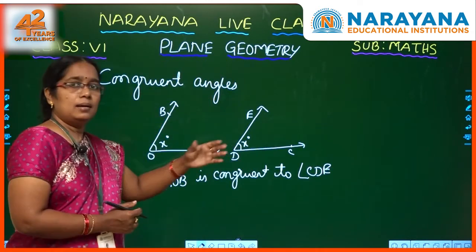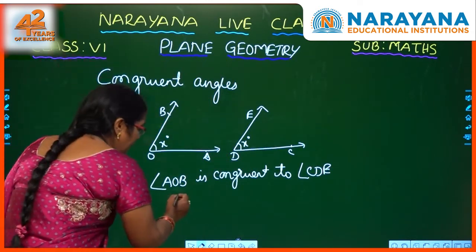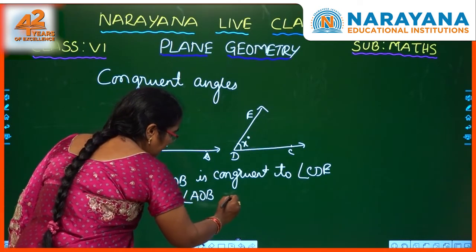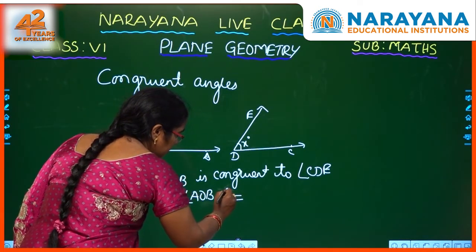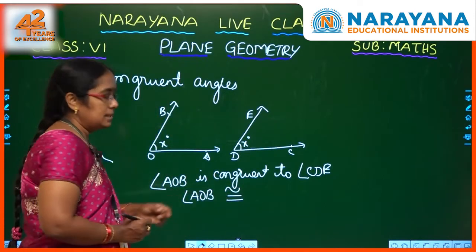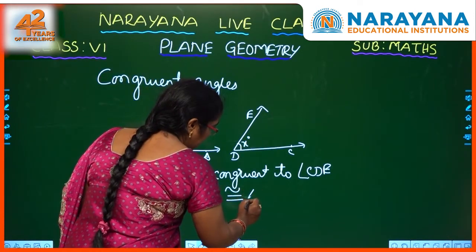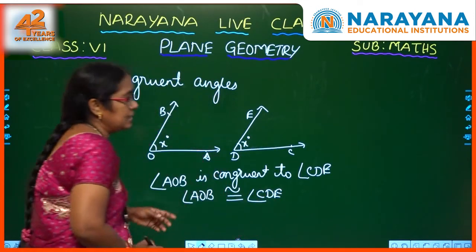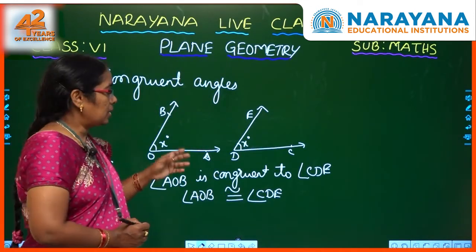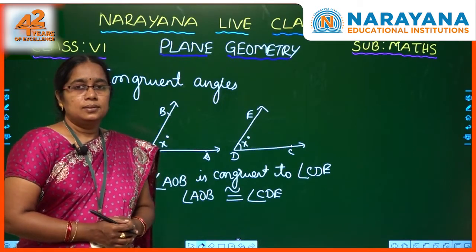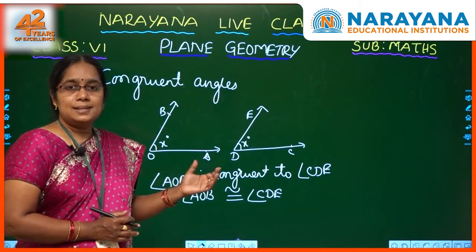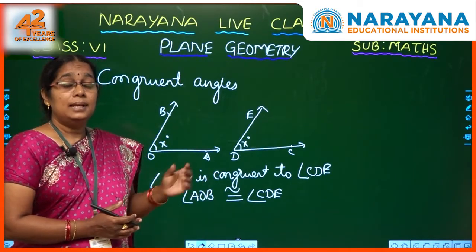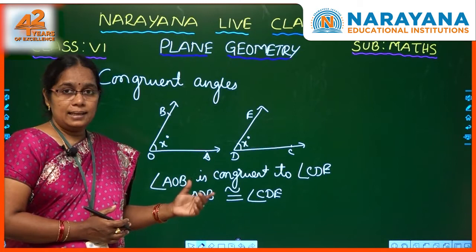Symbolically it can also be represented this way. The congruency symbol everybody knows, no? This is the symbol of congruency. So angle AOB is congruent to angle CDE. These are called congruent angles. So once again, congruent angles means if the measures of two angles are equal, then they are called congruent angles.